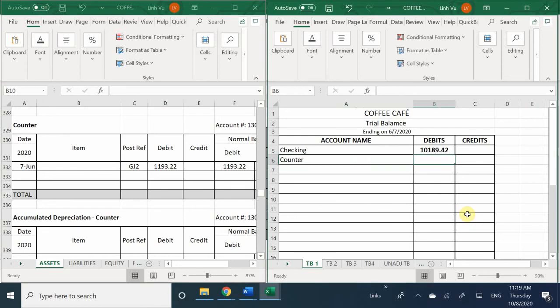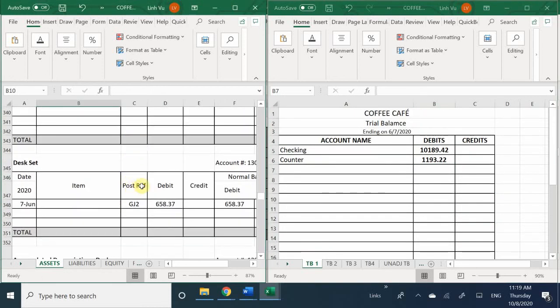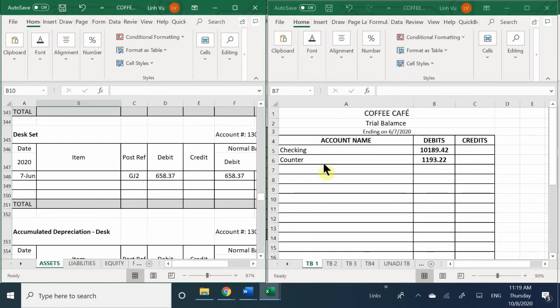Yes, we do. And it's a debit balance of 1193.22. Okay. What about my desk set? Yes, we do have a balance in my desk set.